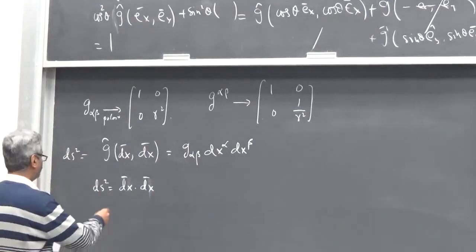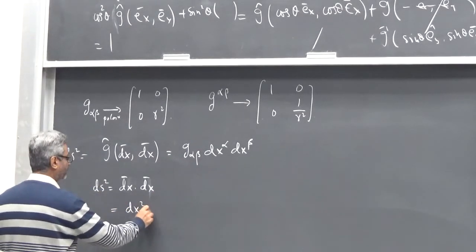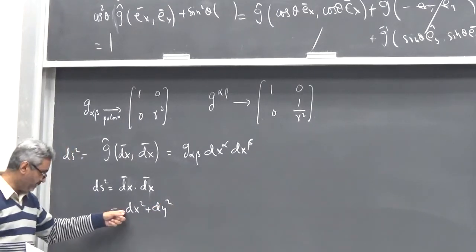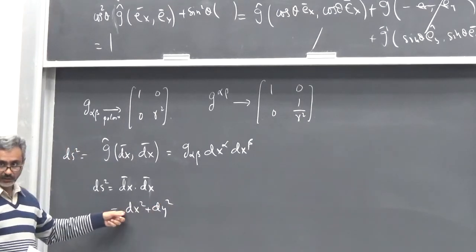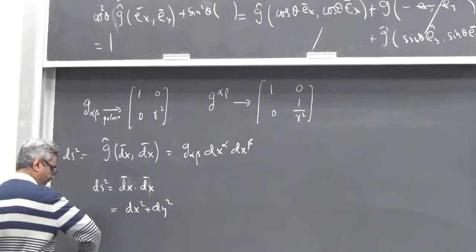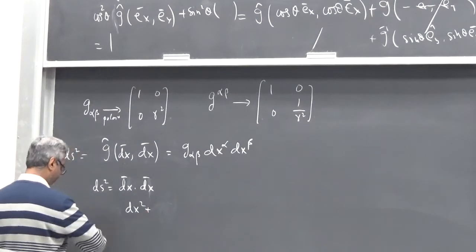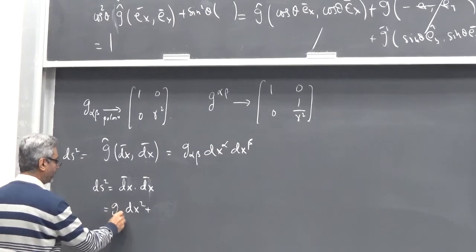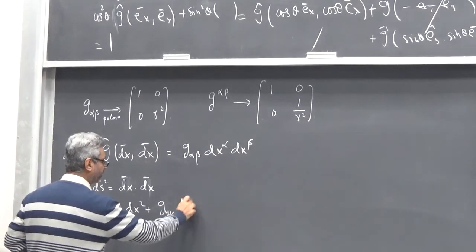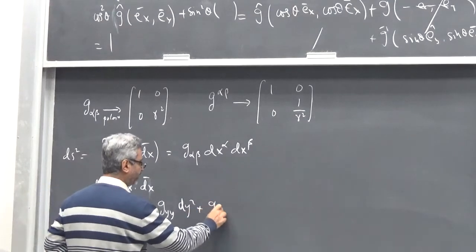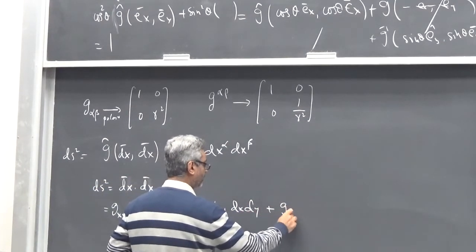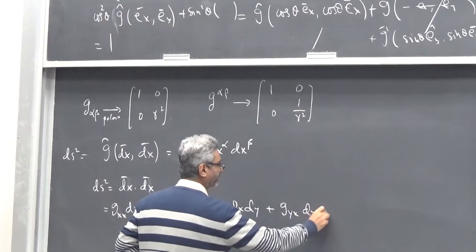So for example, if you write this in Cartesian coordinates, then these coefficients are, let's do it like this: this is Gxx, this is Gyy, dy squared, and then there's Gxy, dx, dy, and Gyx, dy, dx.